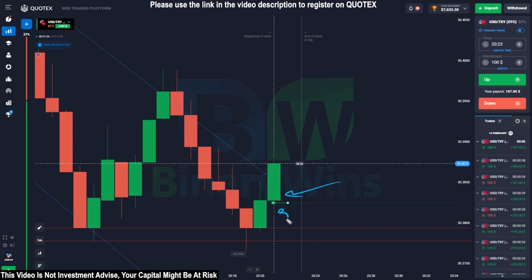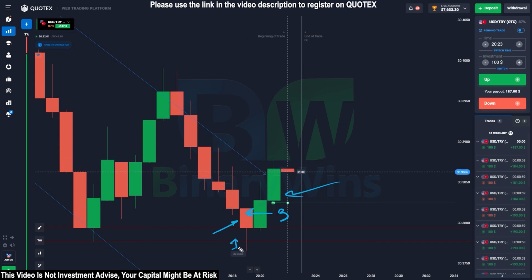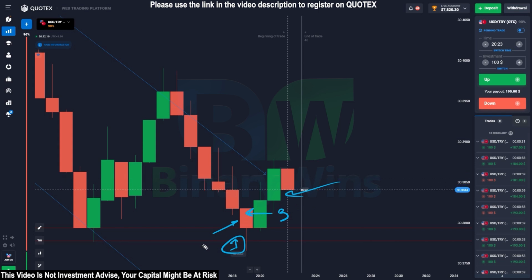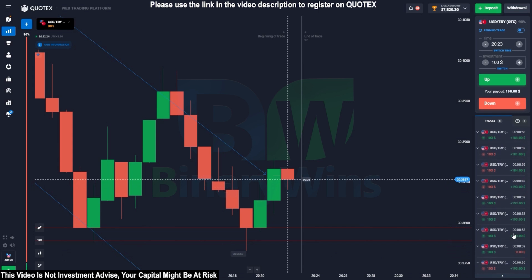The third candle should receive pressure and rejection from the shadow or body of the first candle, and then from receiving this pressure and rejection, we can enter the trade. That's why when the candle received a rejection from the first candle, I entered the higher trade. Okay.